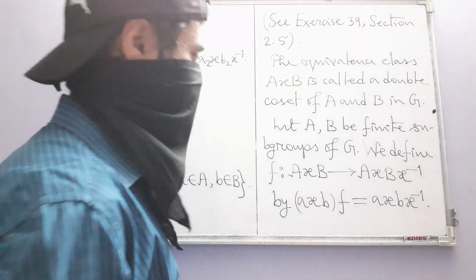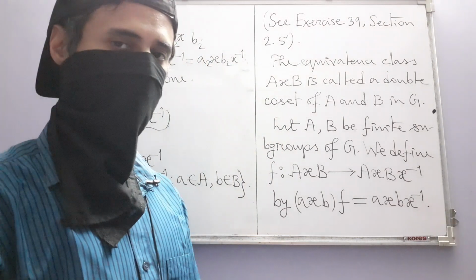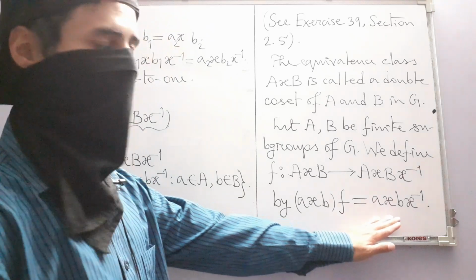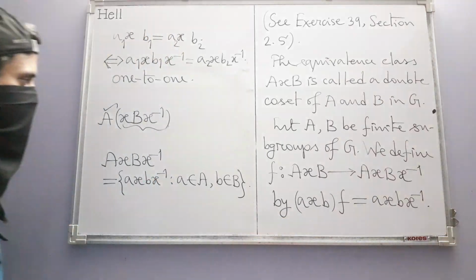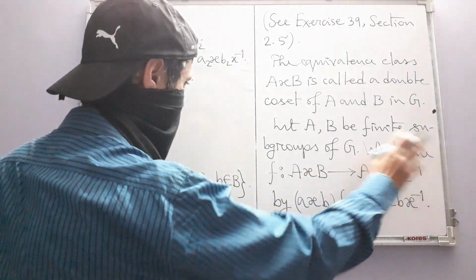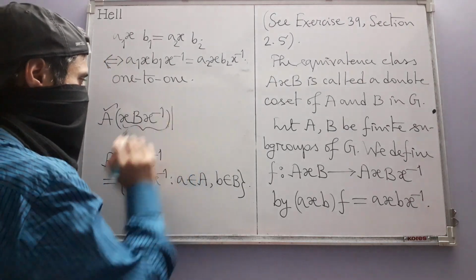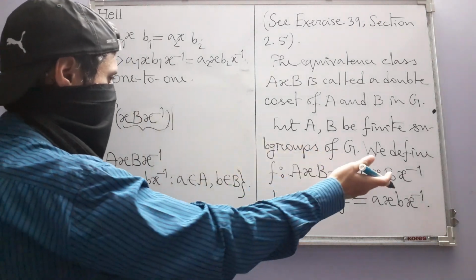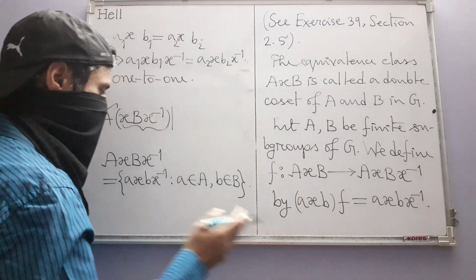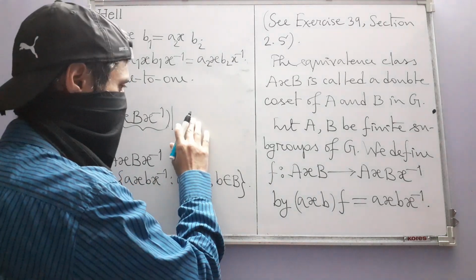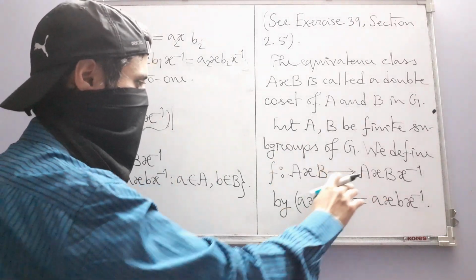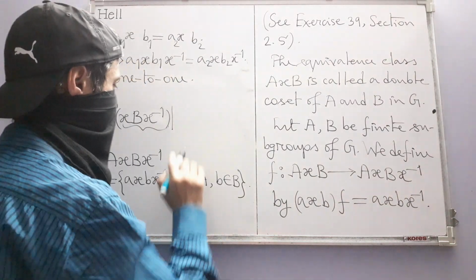Now that you have f one-to-one, is it onto also? Ontoness is almost obvious. How? You choose any element in the second set. Some people call it range, some people call it codomain, it does not matter. To get rid of that confusion, I simply call it the second set.